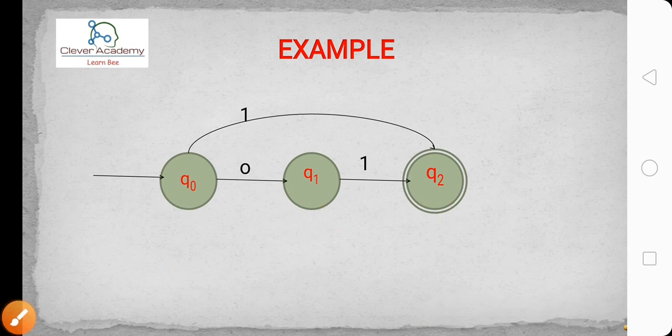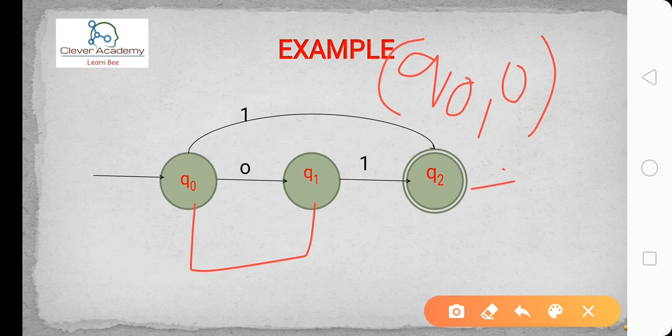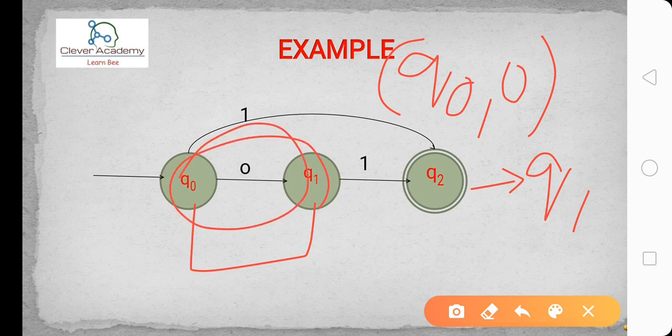And next, the relationship between Q0 and Q1. The relationship between Q0 and Q1 means Q0 on 0 moving to the state Q1. So this is the relationship between these two states.